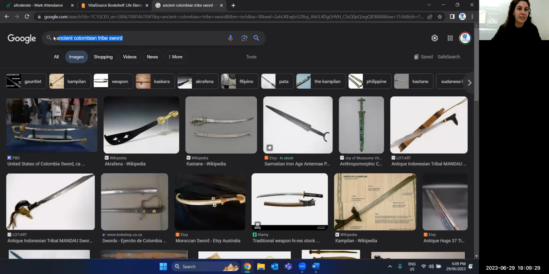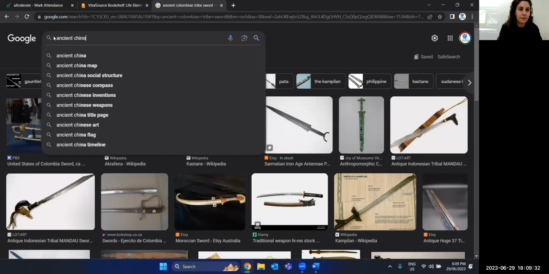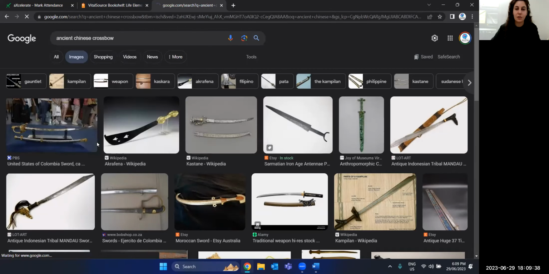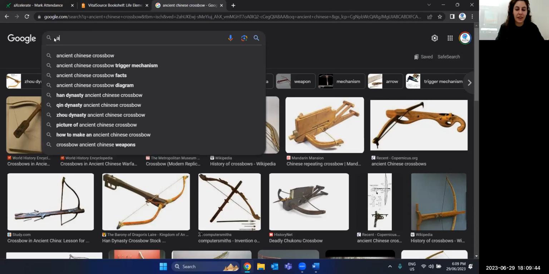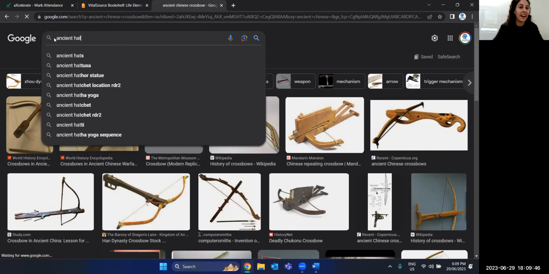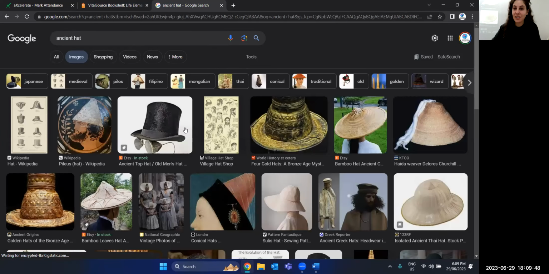You could pick an old ancient crossbow, or an ancient hat, something from a long time ago. I'm going to put you into groups, and together you're going to write about an ancient object that you pick.